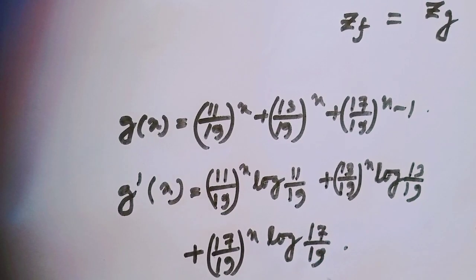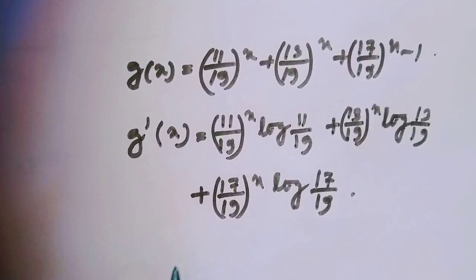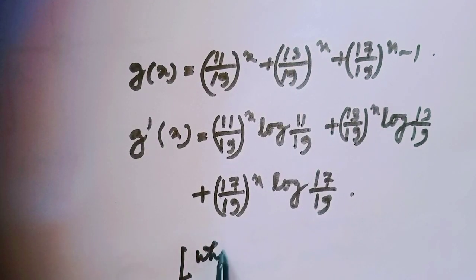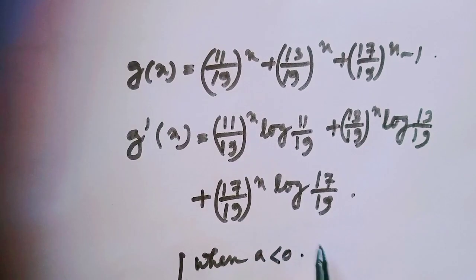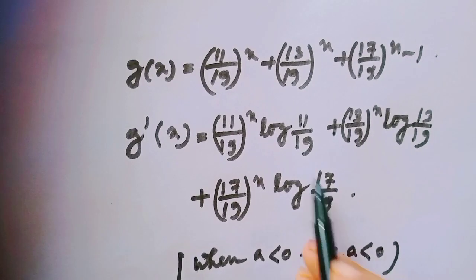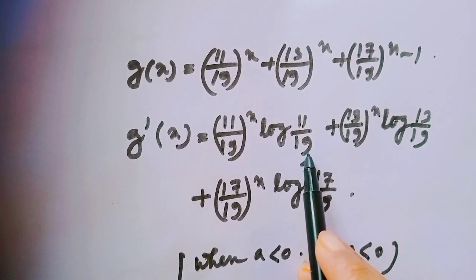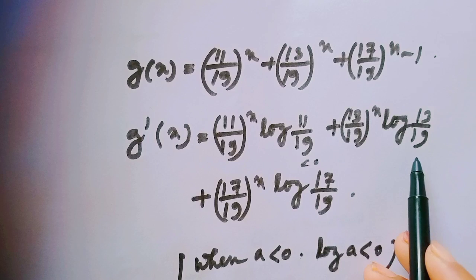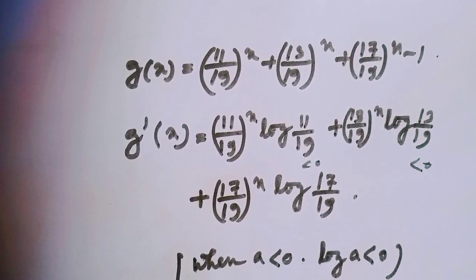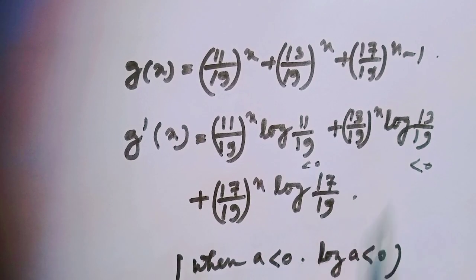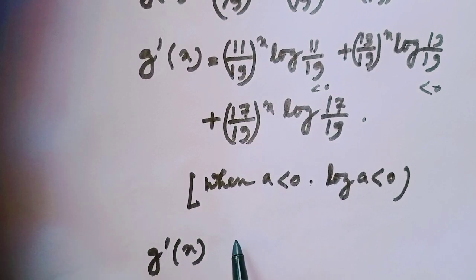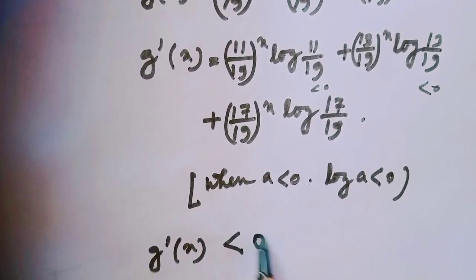And all of us know this rule: when a is less than 1, then log of a is less than 0. Since 11 over 19 is less than 1, similarly 13 over 19 and 17 over 19 are less than 1, this g prime of x would be less than 0.